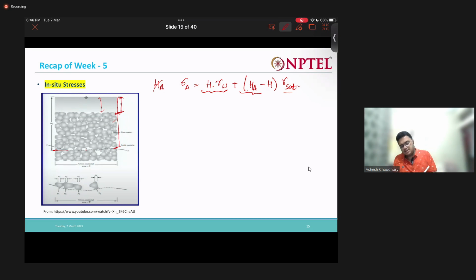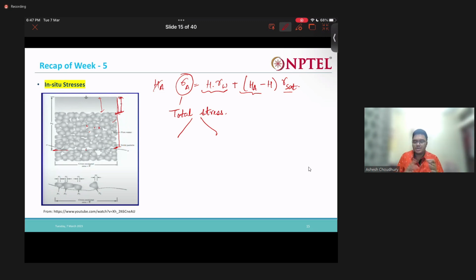Now this total stress can actually be divided into two parts. One is the portion that is carried by the water. Okay, so there is water in the pores. Because the soil is completely saturated, water will be there in the pores.